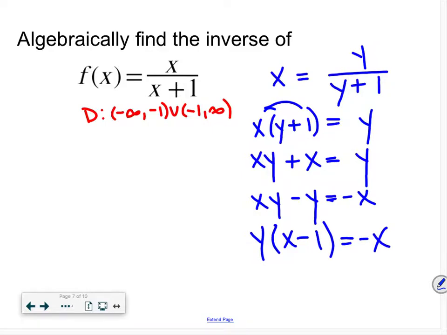Now Monique, what can happen? I have y times x minus 1. If I want y all by itself, what can I do with x minus 1? We can divide it over. Is there something else? Yep. Okay, so our inverse, let's just change that to f inverse.